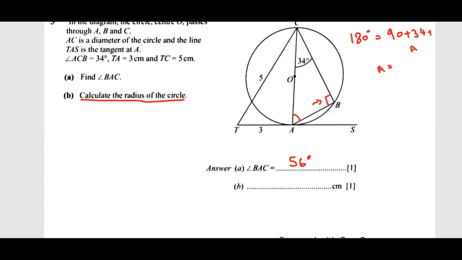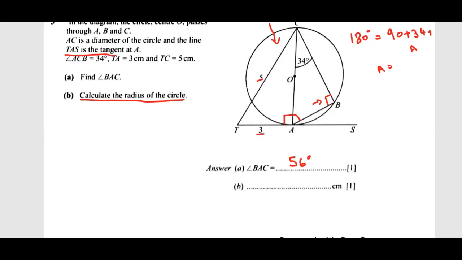Okay, that's completely fine. Look, this triangle ACT is a right angle triangle, right? This side is 5, this side is 3. Why do I know it is a right angle triangle? Because the line TA is the tangent line. So as soon as you read this word, just mention this angle, that the angle between the diameter or the radius and the tangent line is 90 degrees.